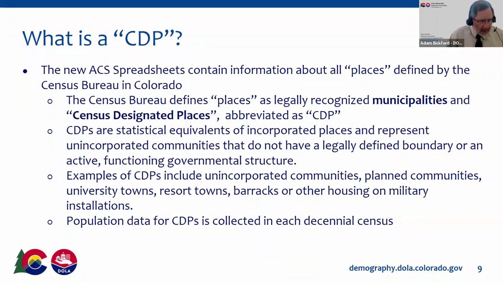A census designated place is effectively a town. It doesn't have a legally defined boundary or an active government. There are a lot of these around. They're unincorporated communities, planned communities, university towns, barracks, all those sorts of things.